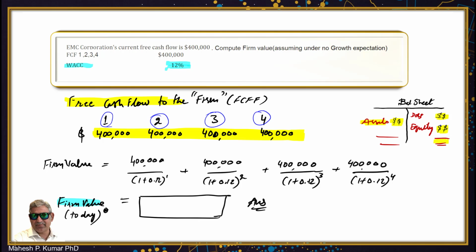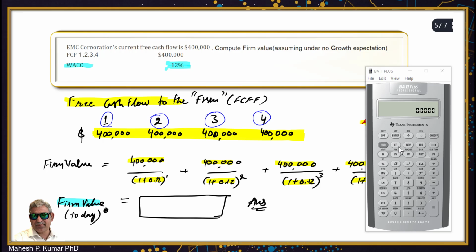So free cash flow to the firm for the first year will be discounted for 1 year, and so on. We have fitted all the numbers in the formula, and we will do the discounting here. So let us use our BA II Plus calculator to do the discounting. Let us use the cash flow function here.